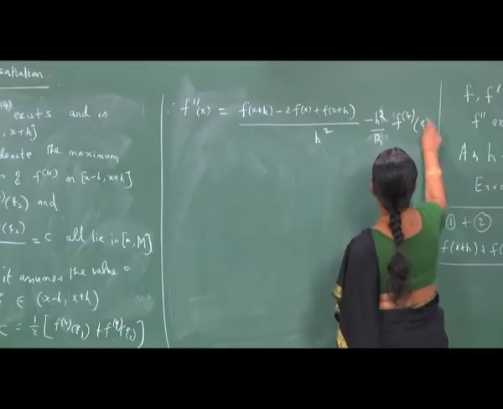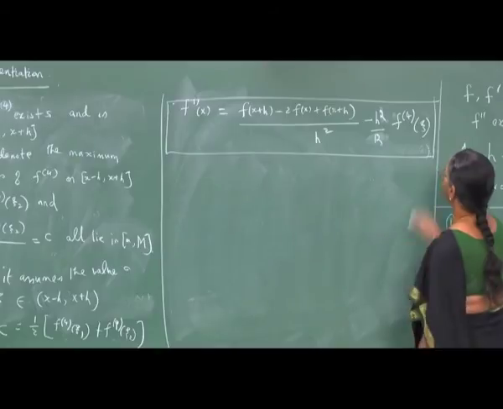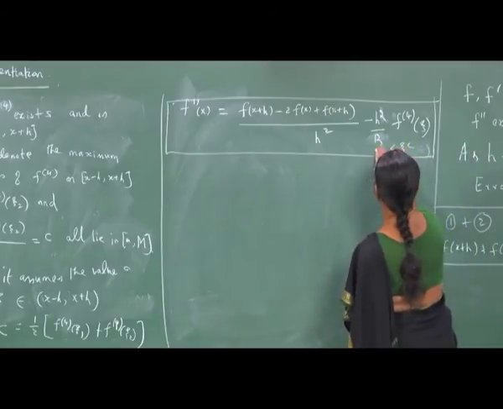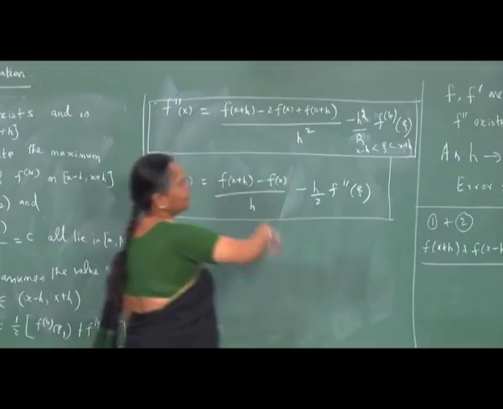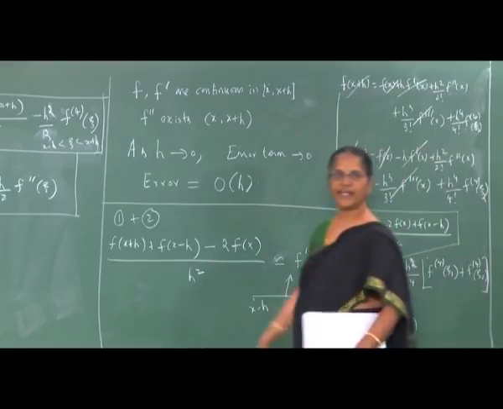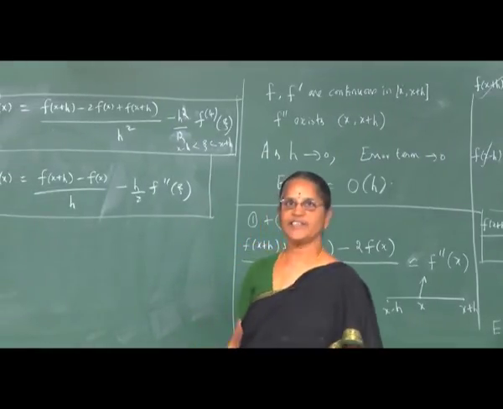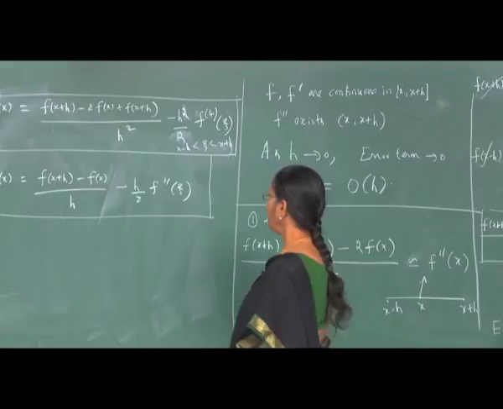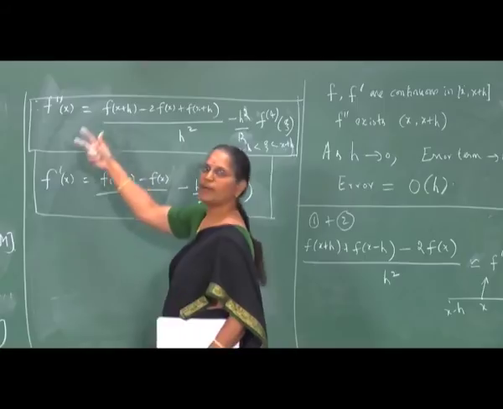So, this gives you a numerical differentiation formula for f double prime x, where psi lies between x minus h and x plus h. One can use Taylor expansion of the function at different points like x plus h, x minus h, etc., and obtain various numerical differentiation methods involving, say, 2 points for f prime x, 3 points for f double prime x.